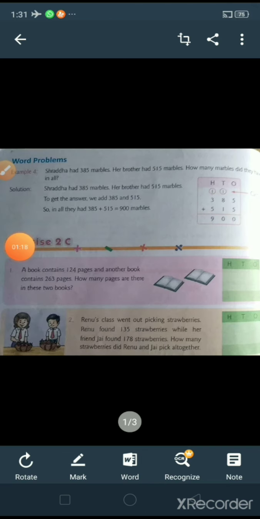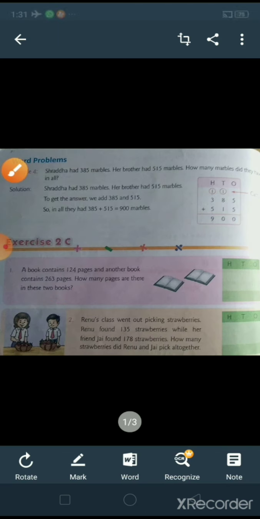So the sum of these two numbers is 387. Then the last step is to write the answer according to the question: how many pages are there in these two books.